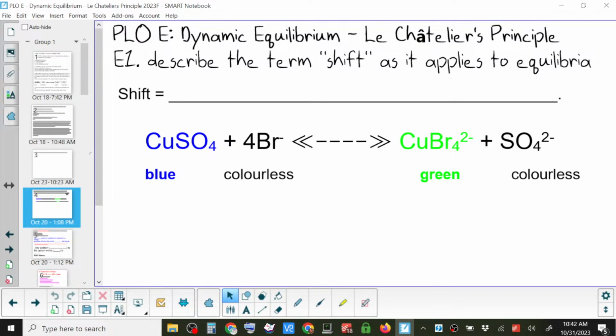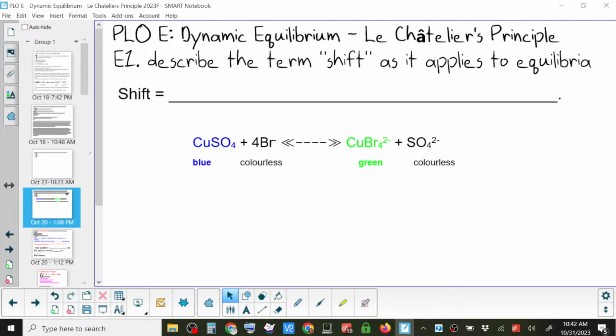Now we also have ammonium bromide. What will ammonium bromide release? Ammonium and bromide. If we increase the bromide, which way is it going to shift? Forward.